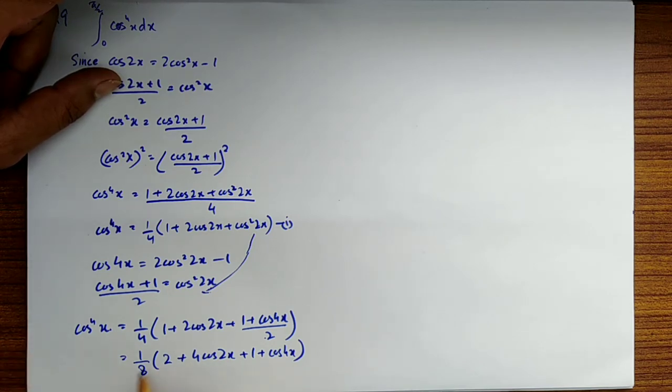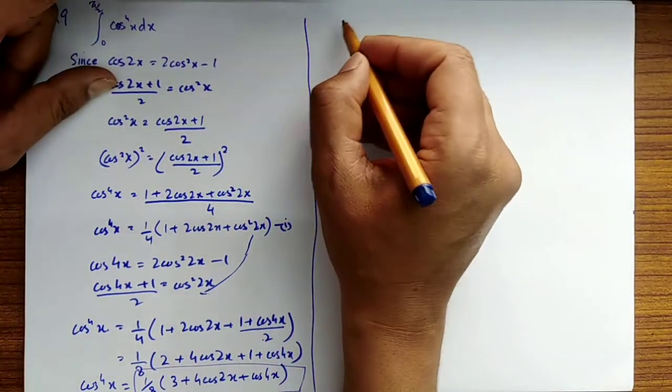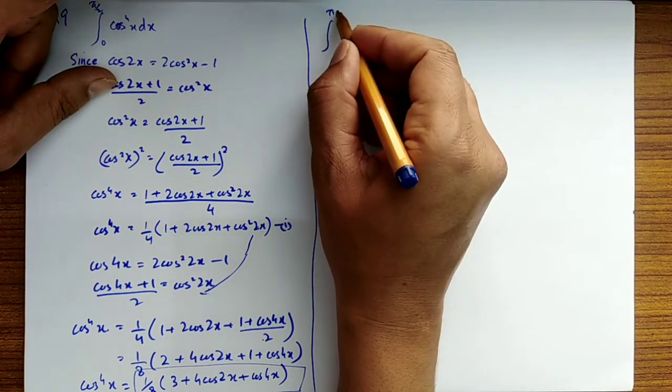After this you can see further we can add some parts here. 2 plus 1, that is 3 plus 4 cos 2x plus cos 4x, right? So now we can take the integral of this part, that is cos power 4 x. Now you can see cos power 4 x is equal to this whole part. We can take the integral now of this part, that is from 0 to pi upon 2.